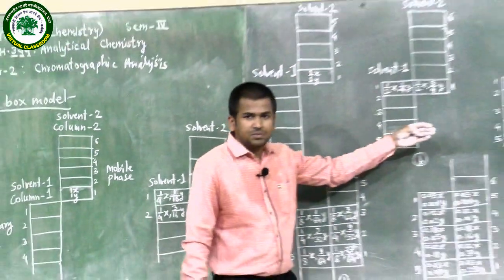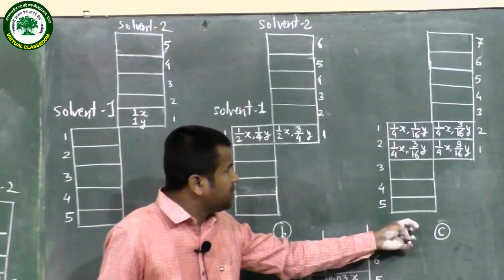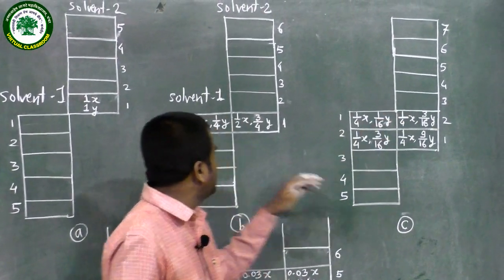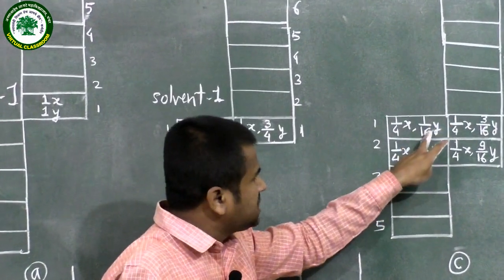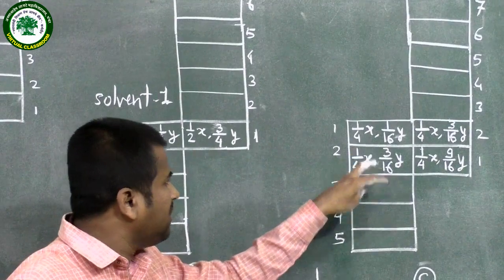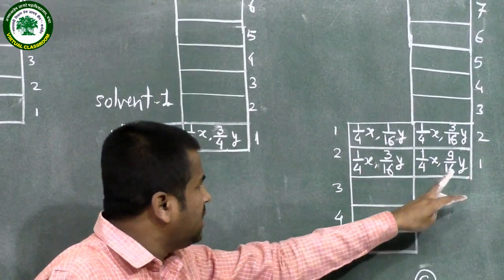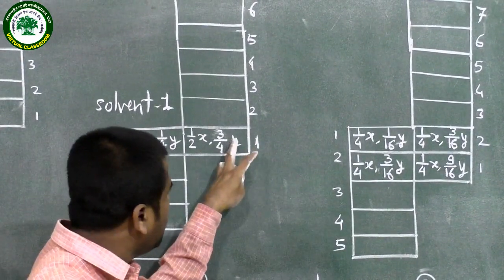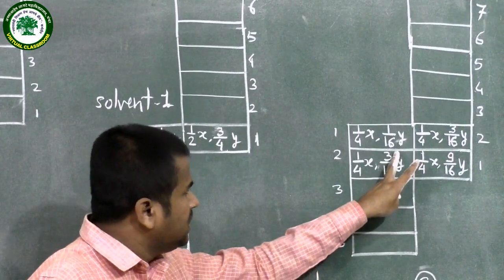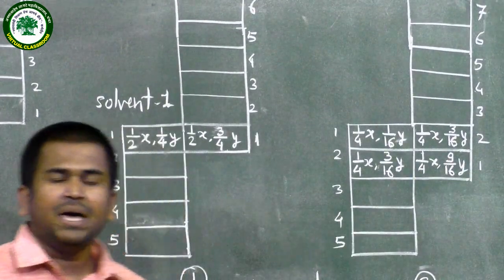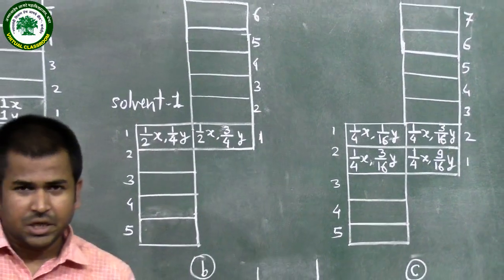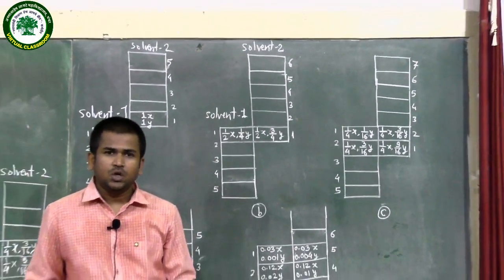So the picture is like this, picture C. Here we get 1/4 x, 1/16 y, 3/16 y. In the second box we get 1/4 x, and here the 3/4 gets distributed into two solvents in the ratio 3/16 y and 9/16 y. Okay, I think you understood this redistribution of the solutes in two solvents.